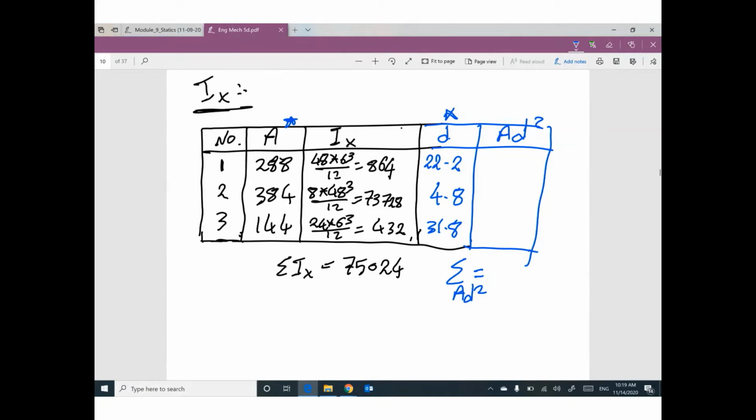So 288 times 22.2 square. This number will be 0.9. Second one, 384 times 4.8 square will be 8,847.4. 144 times 31.8 square.